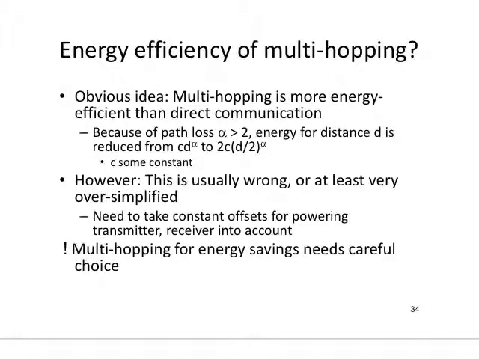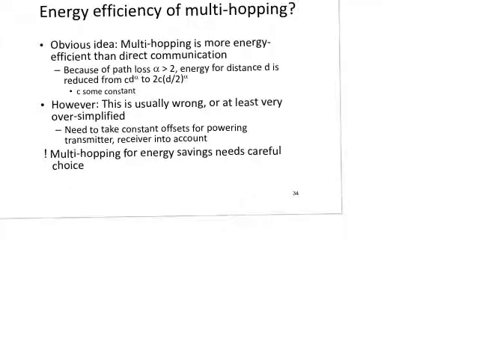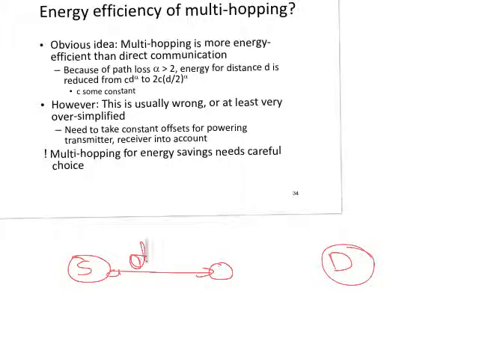So for example, in multi-hop, just a simple example, this is the source, and this is the destination, and I have a node here, and I have another node here. Okay. So say that this distance is small d, and this distance is also small d.